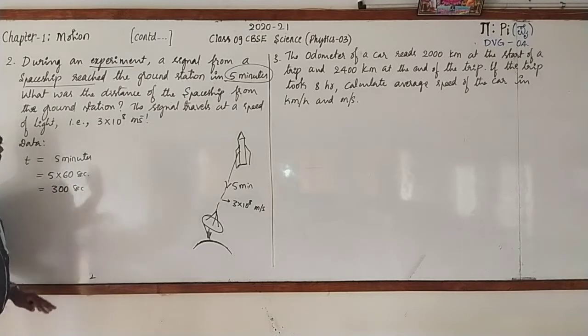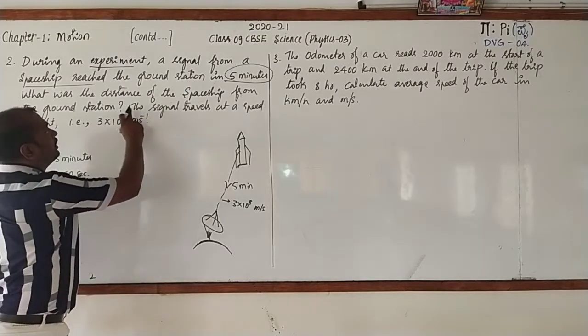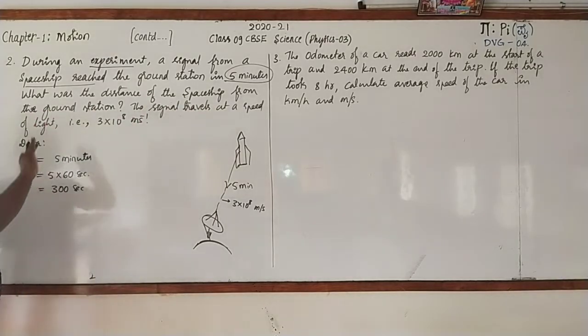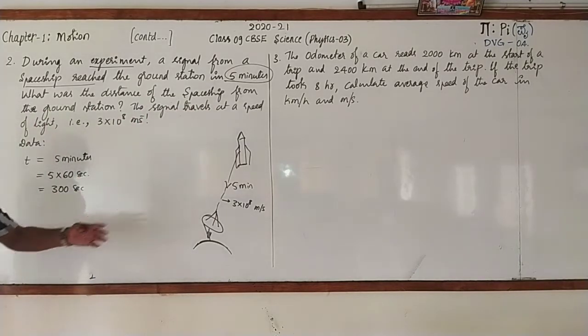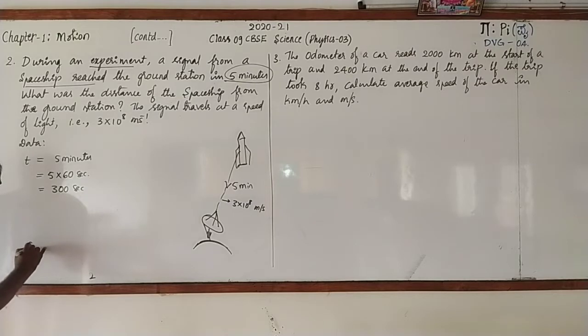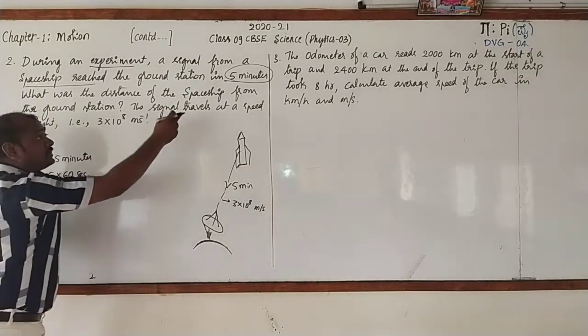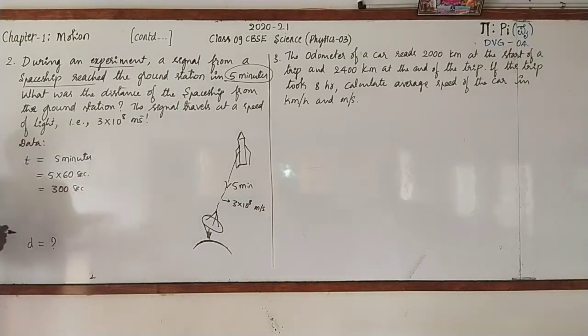Clear? Okay. Now, what was the distance of the spaceship from the ground station? Distance. Here they would have given d is equal to question mark. This is which you are going to find out. The signal travels at the speed of light.